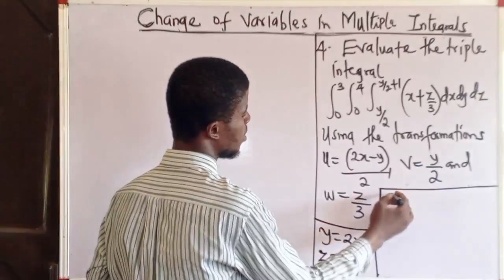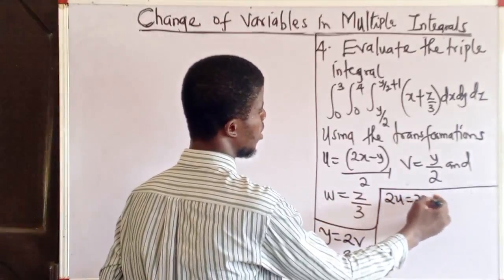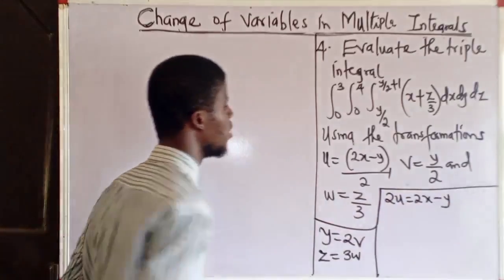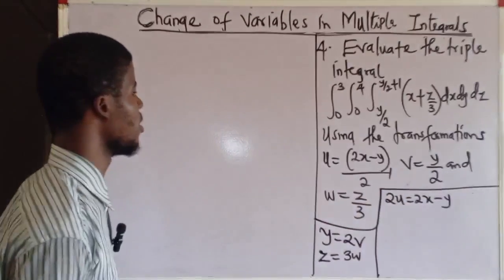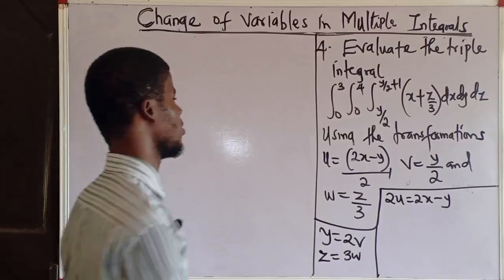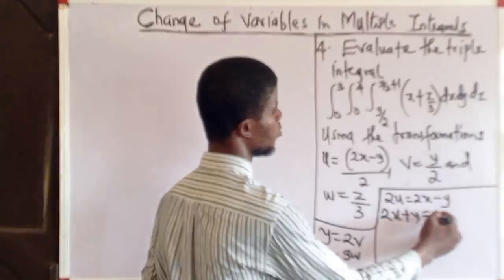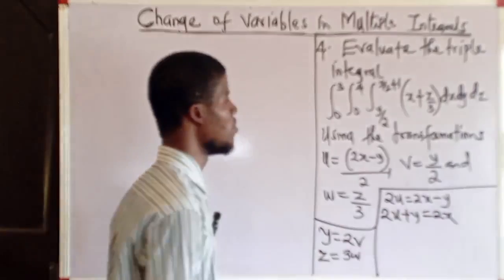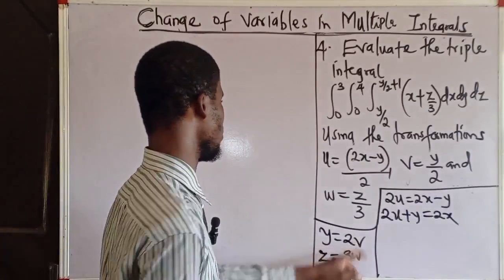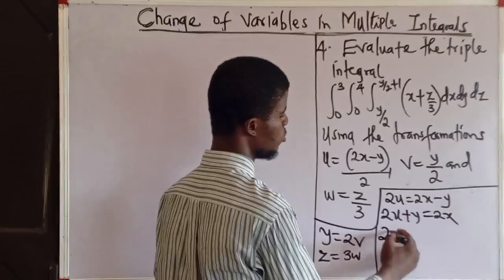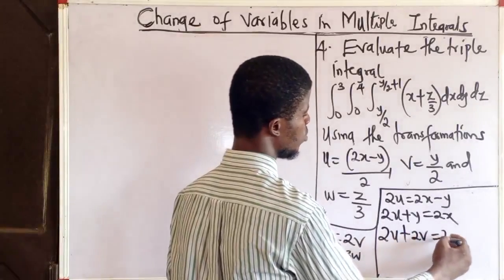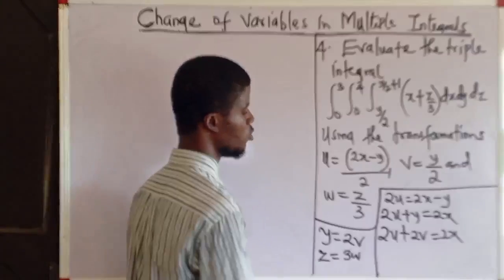If we cross multiply, 2u is 2x minus y, right? So making x the subject of the formula, 2u plus y is equal to 2x. Remember that y is what? 2v. So 2u plus 2v is 2x. Divide both sides by 2.